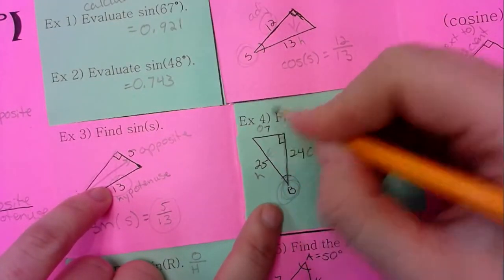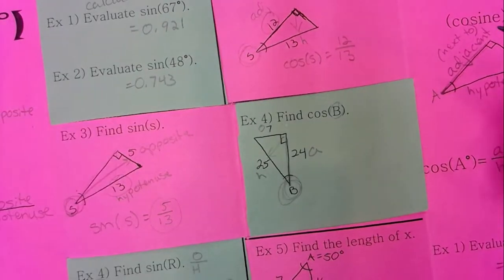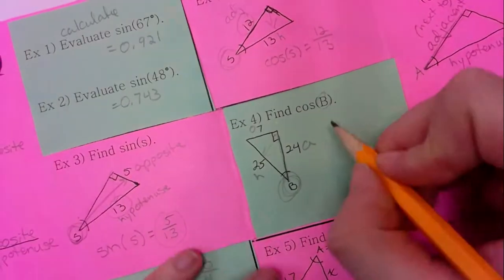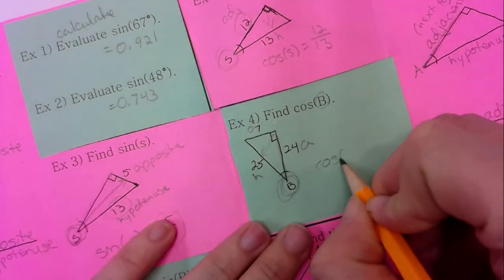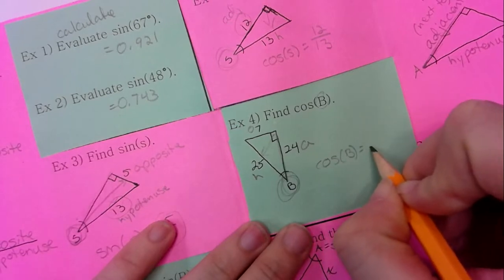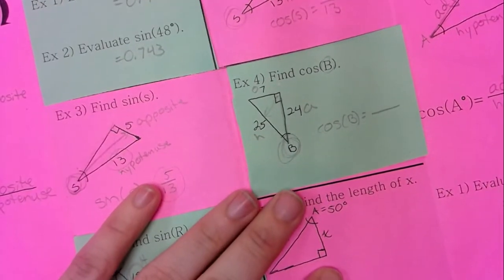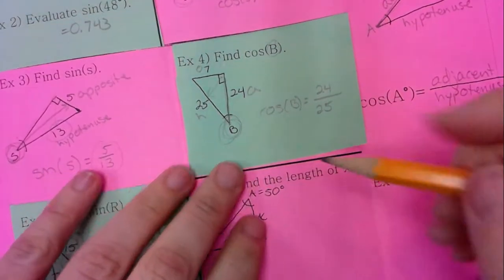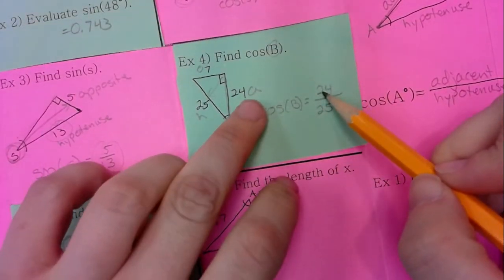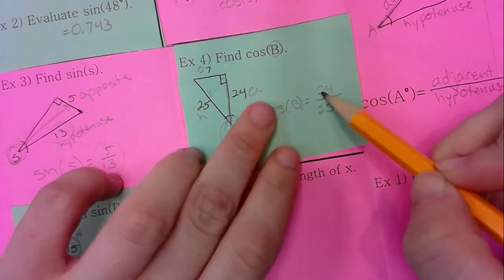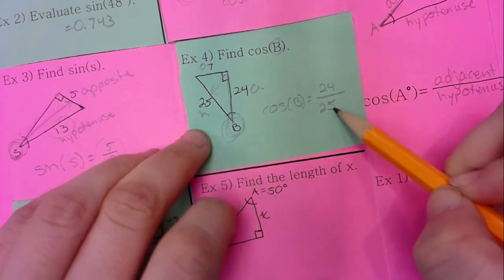And the opposite side is over here, which we don't need. So that gives me cosine of B equals what? What do you think? And hopefully you said cosine of B would be 24 over 25, adjacent over hypotenuse.